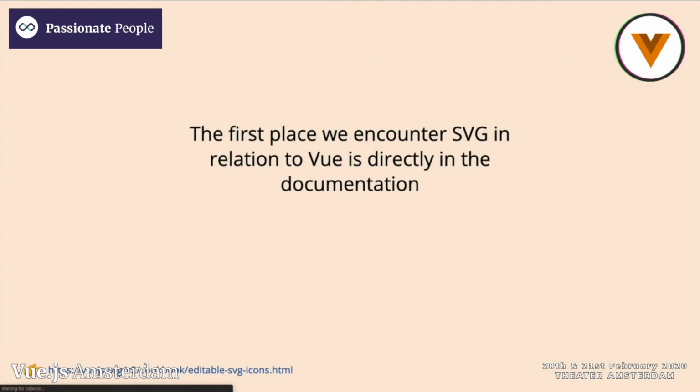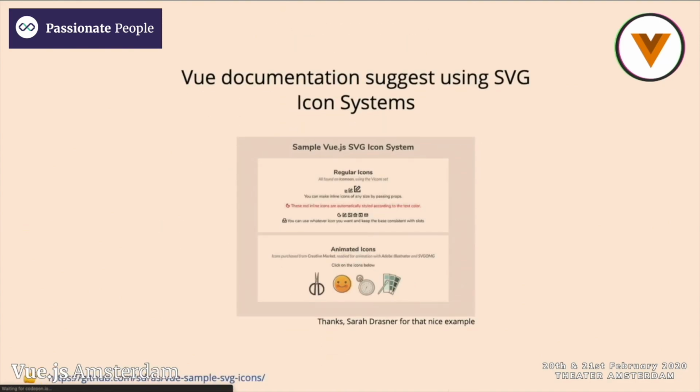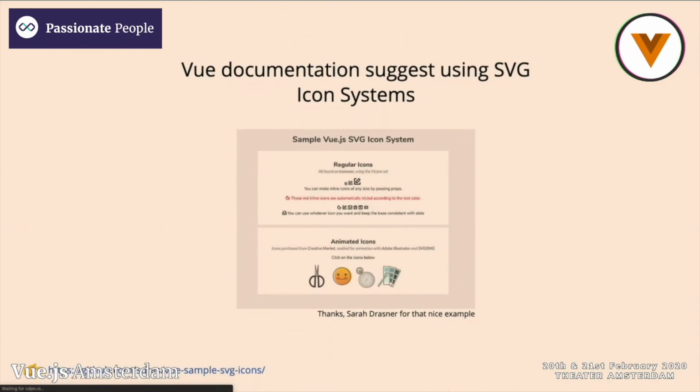Okay. First place we encounter SVGs in relation to Vue is actually in the documentation. If you ever saw this slide or window, it's courtesy of Sarah Drasner. She created this really nice explanation of how to use it, how to implement it.